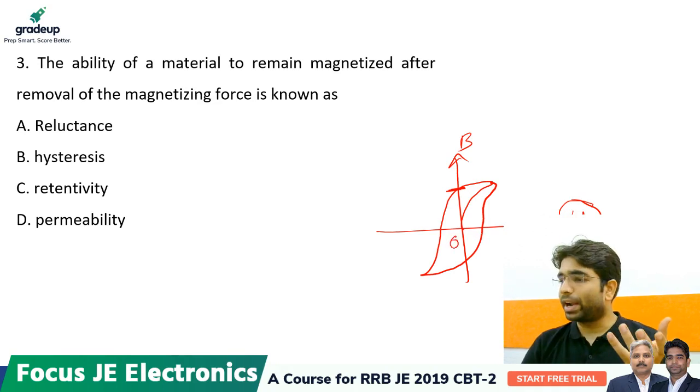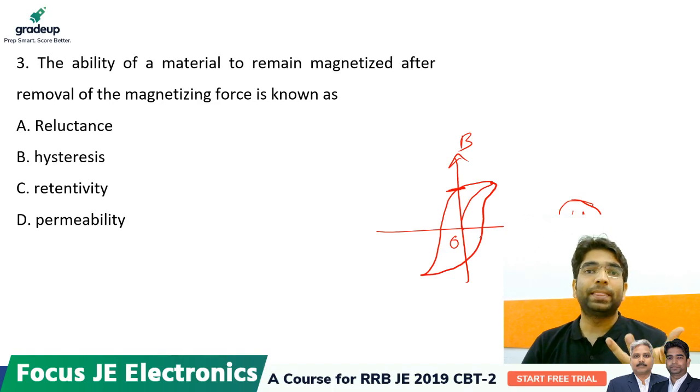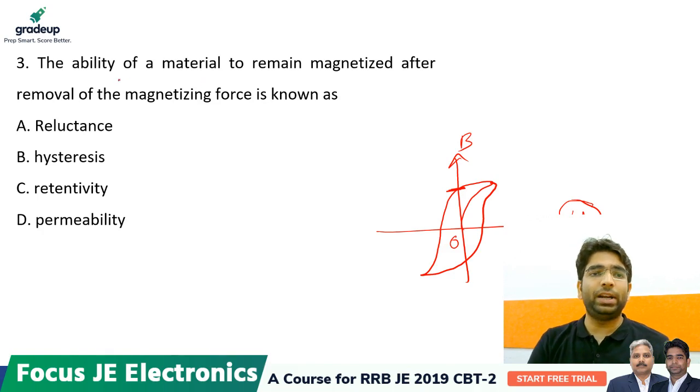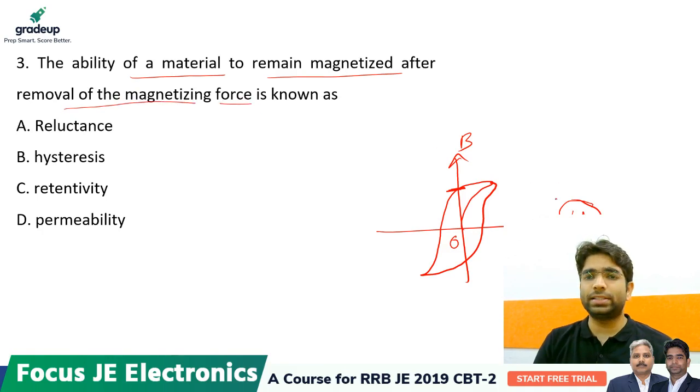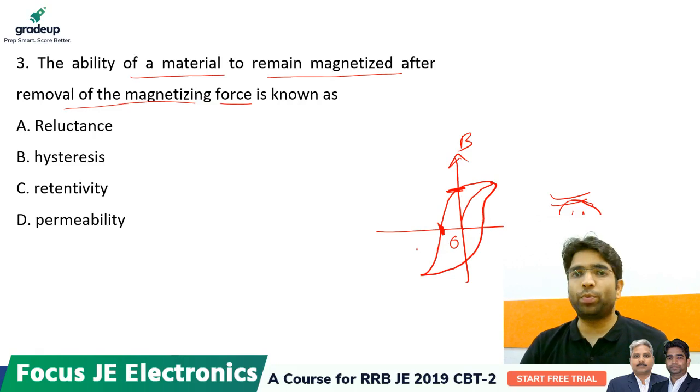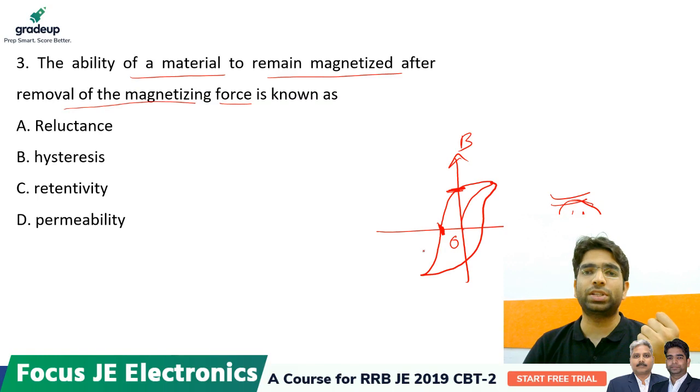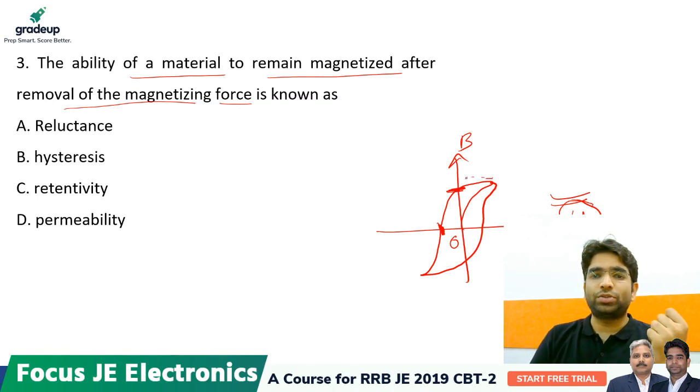Then the amount of magnetization that is held in the magnetic material is retentivity. So retentivity is the ability of the material to remain magnetized after the removal of magnetizing force, that is H. This point shows you retentivity, and this point shows you coercivity. The amount of magnetic field that must be applied in the reverse direction so that the magnetization inside the material is 0 is coercivity. This peak is saturation magnetization.